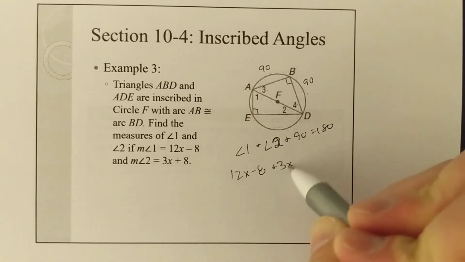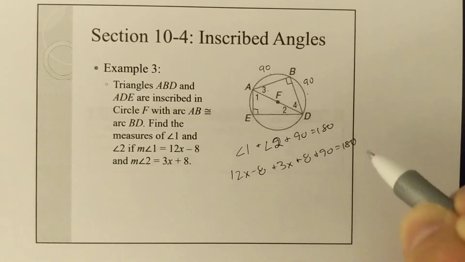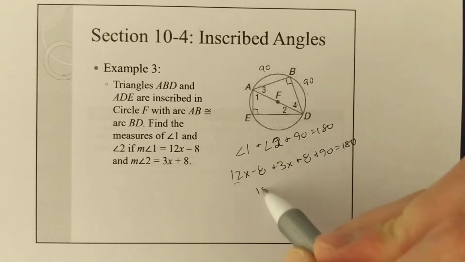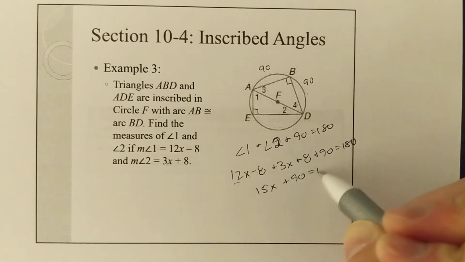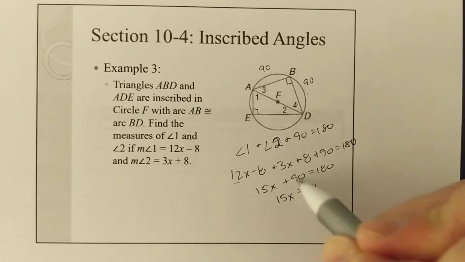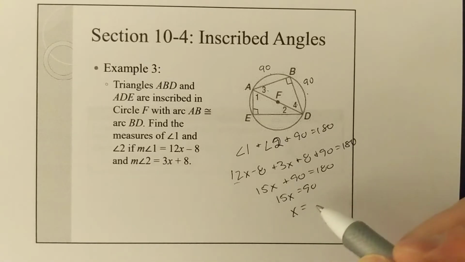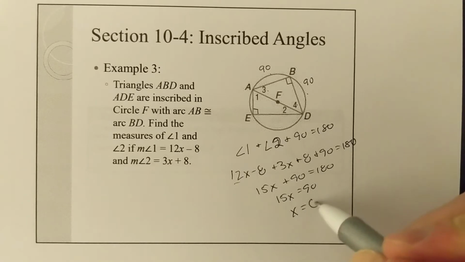Angle 2 is 3x plus 8, plus 90 is equal to 180. So that's 15x total. The 8's cancel each other, leaving just 15x plus 90 equals 180. Subtract the 90 across, divide 90 by 15, and that's going to be 6.